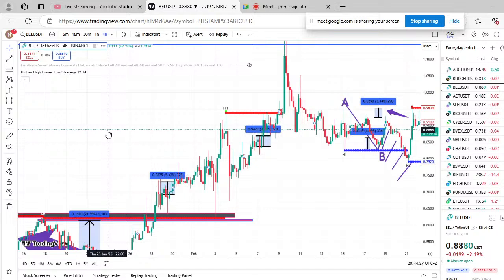Indicators, then technical, favorites. It is called the Higher High. It is Lonesome.